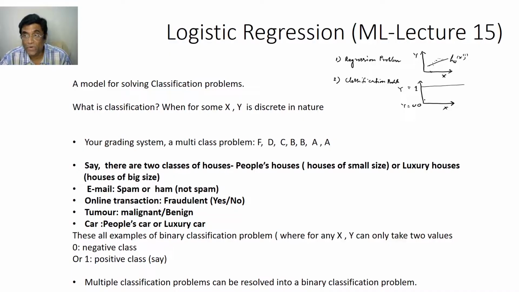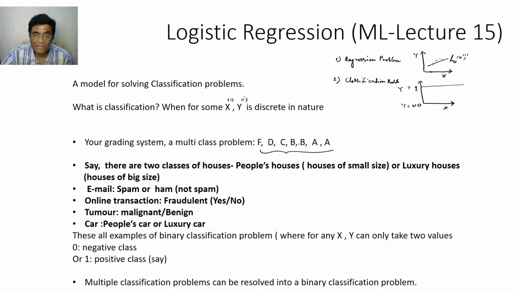It could be only 0 and 1. I can also give you an example of a multi-class problem. For some x, y is discrete in nature, 0 and 1, or it could be multiple classes also.